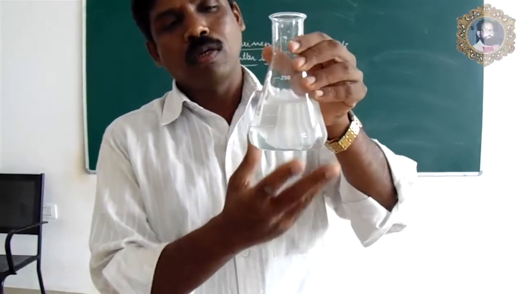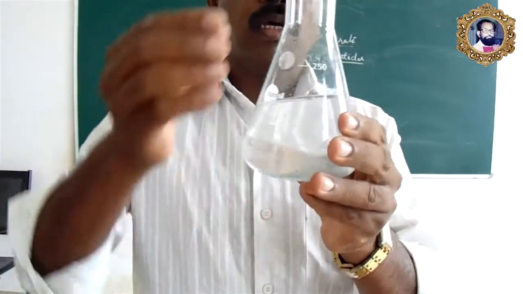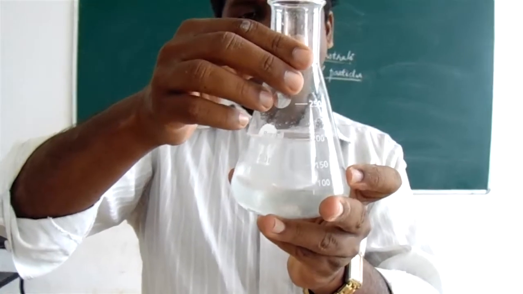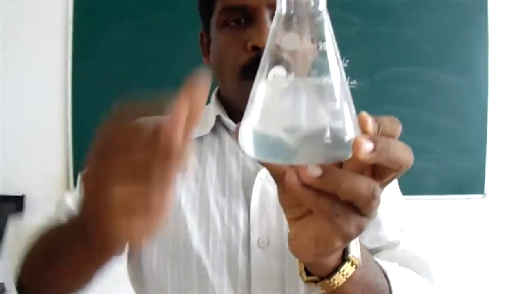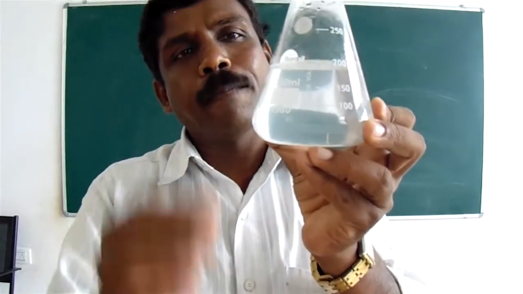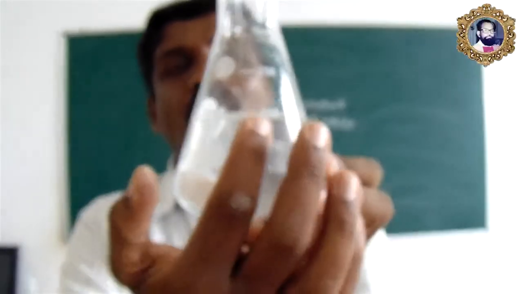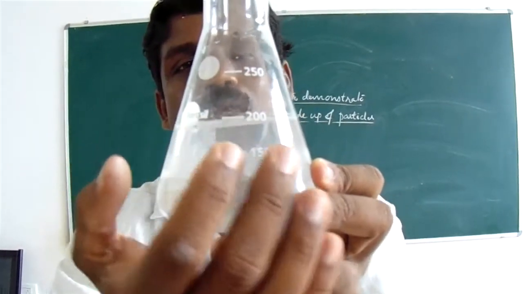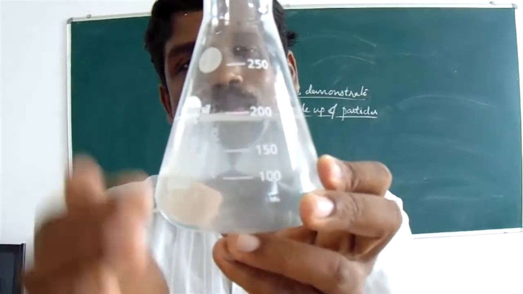After 10 minutes, you see here the salt that I have put inside has dissolved. But you have to understand one thing: see the level of water. The level of water still remains the same.